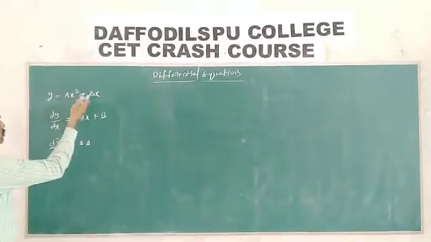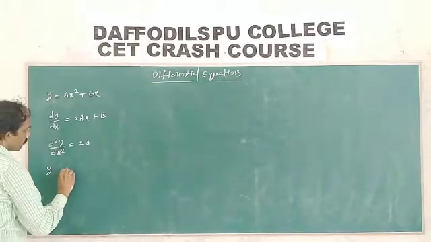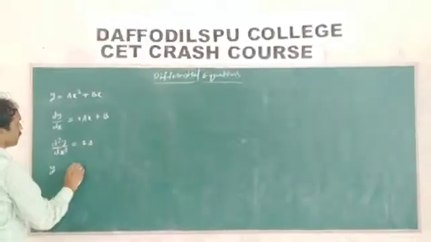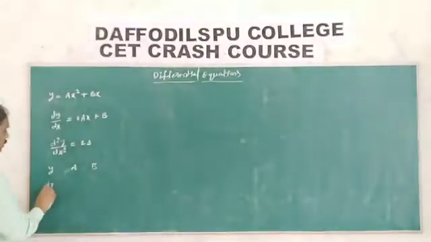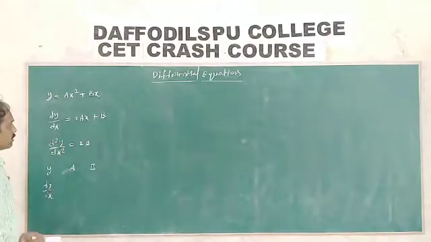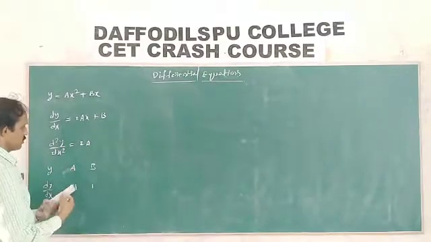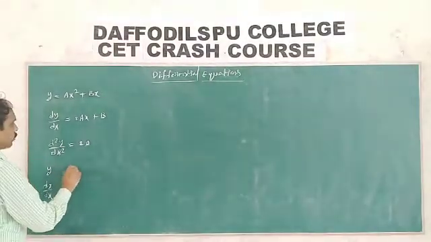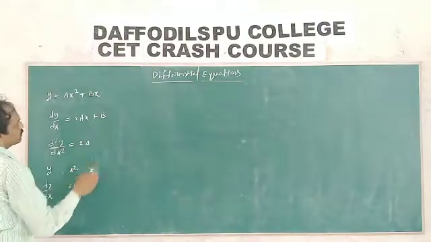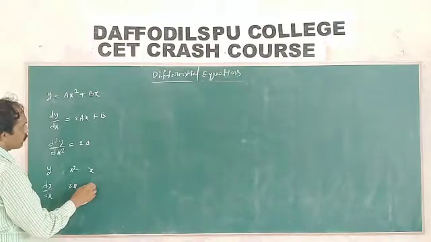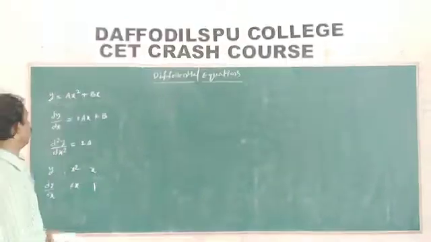So y is equal to ax square plus bx, and the terms are y, dy by dx and d square y by dx square. Now remove the constants. x square, x, 2x. This is no variable, so this is a constant. Remove the constant value, so that is nothing but 1.